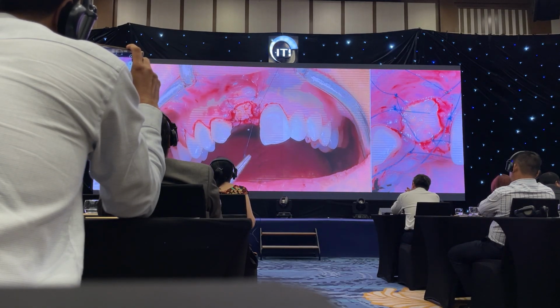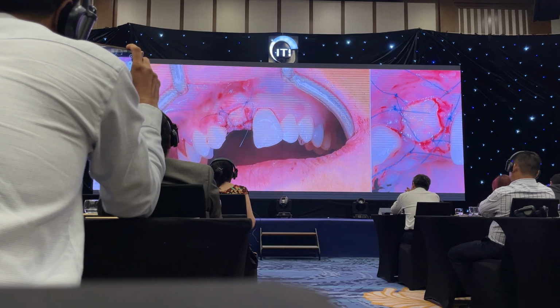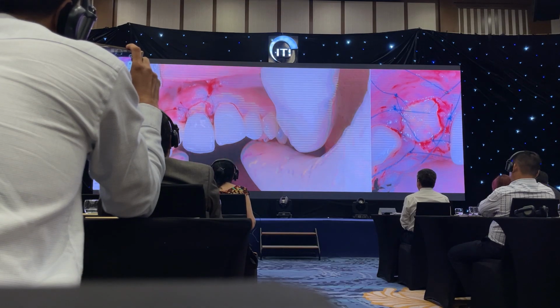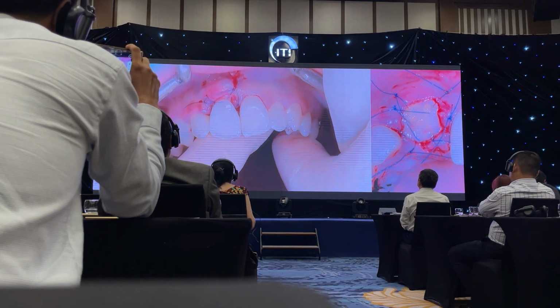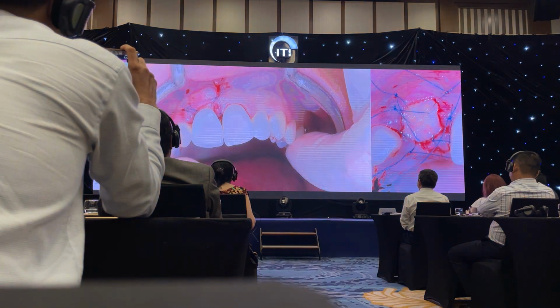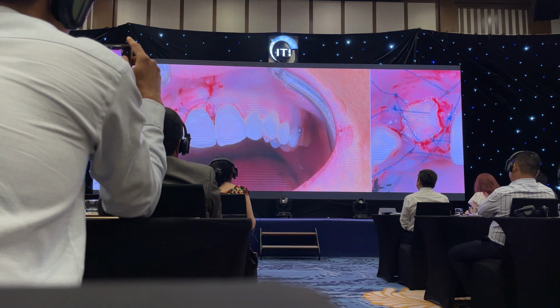Of course, all these types of procedures need to be done on tissues that are not inflamed. So if you have, for some reason, an inflammation around the tooth you need to extract, I would always recommend to see your patient prior to the surgery and to do a cleaning.